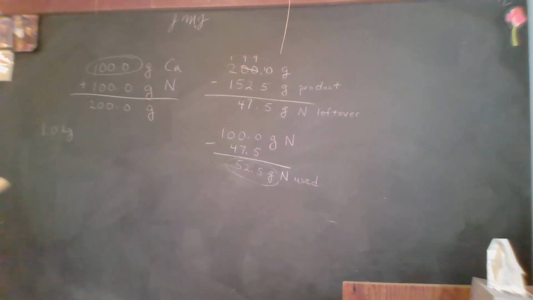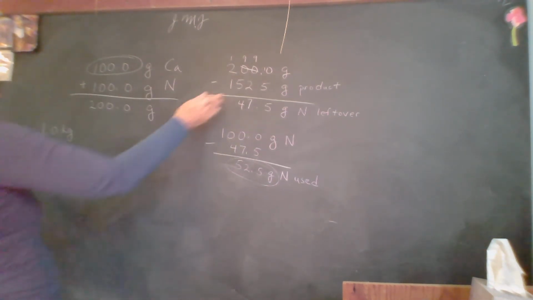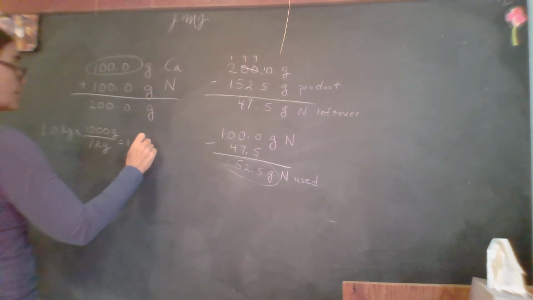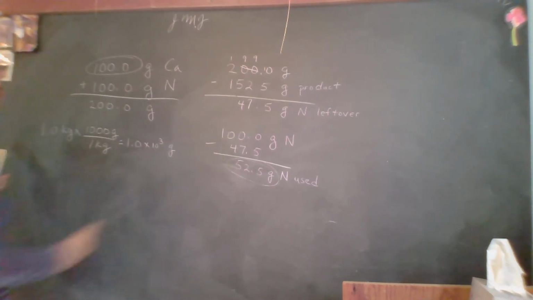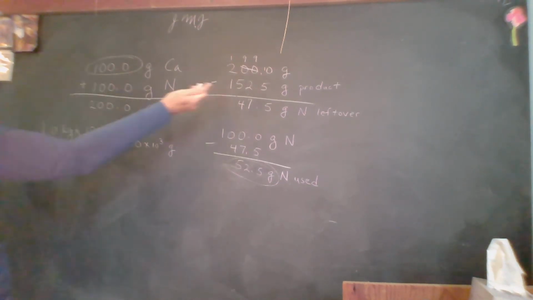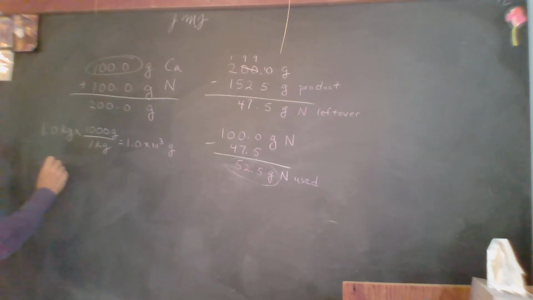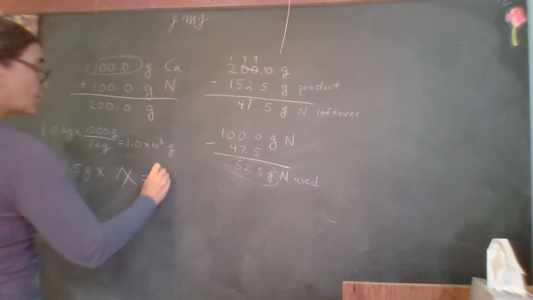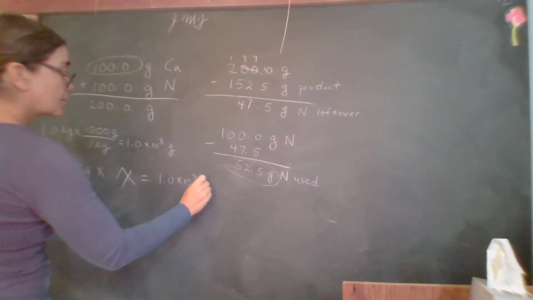Okay, so now we need to find the conversion factor for 152.5 grams to 1.0 kilograms. Well, 1.0 kilograms times 1,000 grams per 1 kilogram is going to give us, I'm going to keep it in scientific notation, 1.0 times 10 to the third grams. So we want to find out what we need to multiply 152.5 grams by, times X, some conversion factor, to get 1.0 times 10 to the third grams.